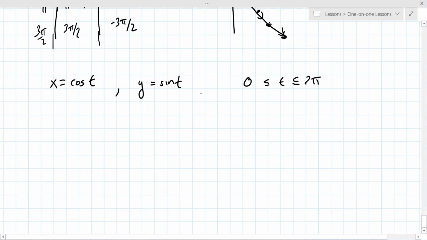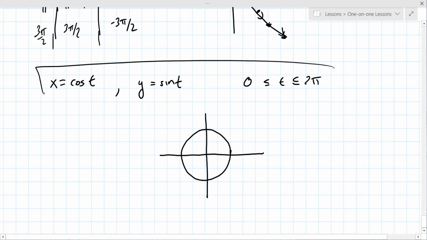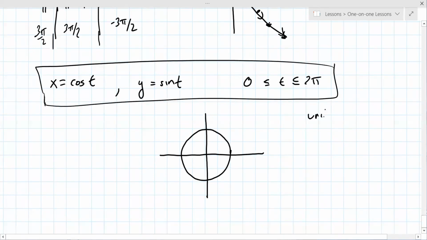Do you have any idea what this looks like? This is the unit circle parameterized. Now it has a direction, which is counterclockwise.